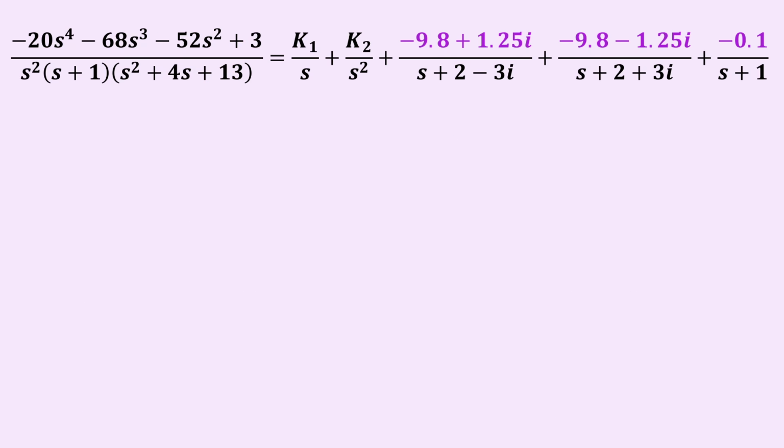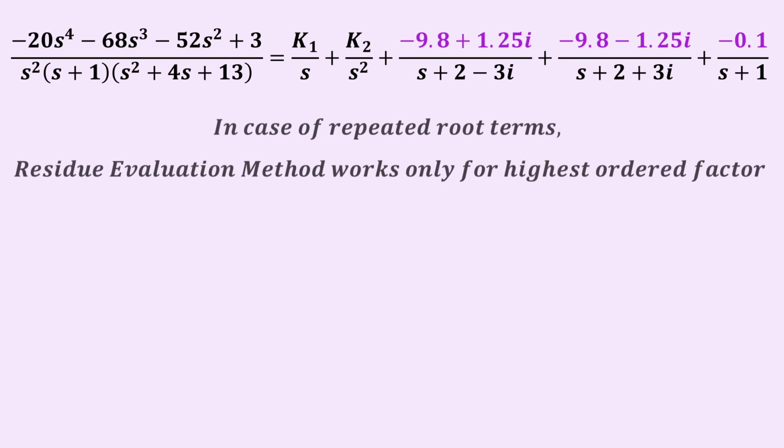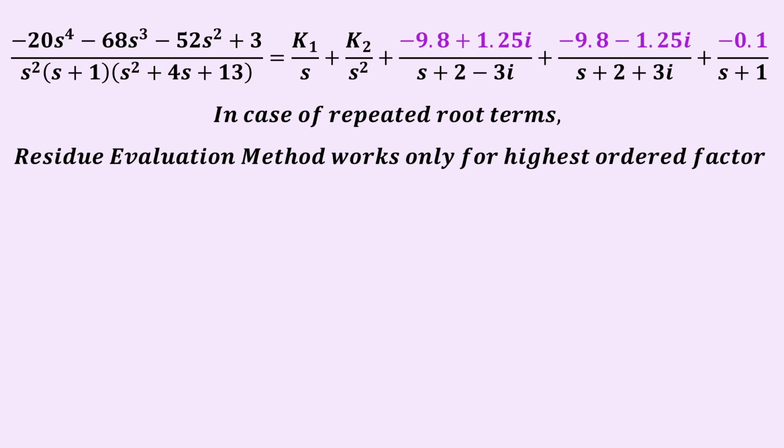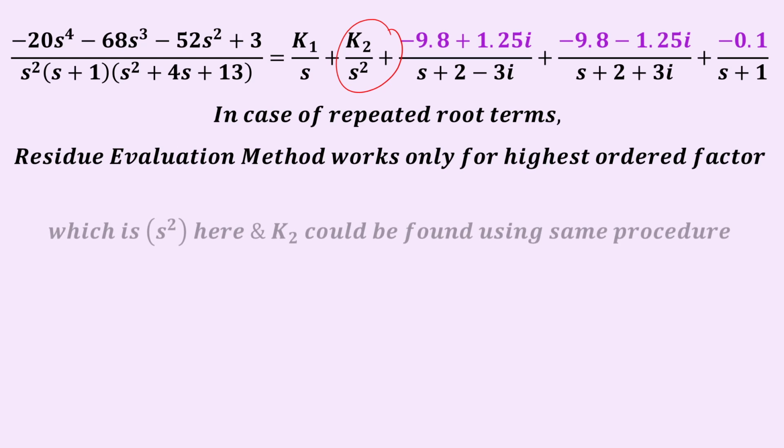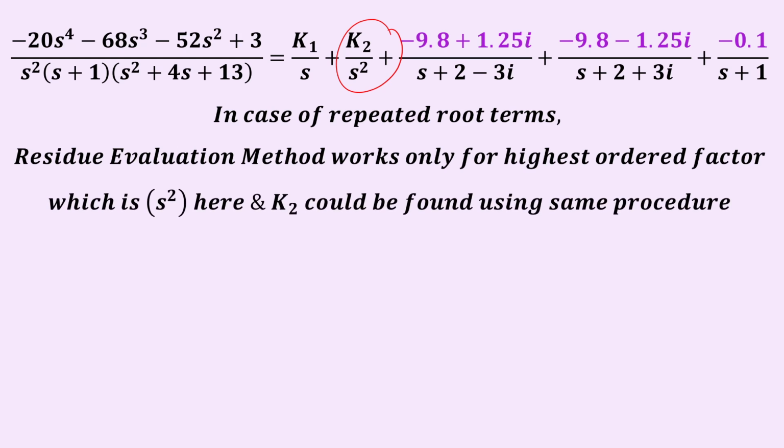Now this is the current state of the partial fraction expansion, and the only unknowns left are K1 and K2. In case of repeated root terms, the residue evaluation method only works for the highest ordered factor, which is s square here. So we can find K2 by this method.